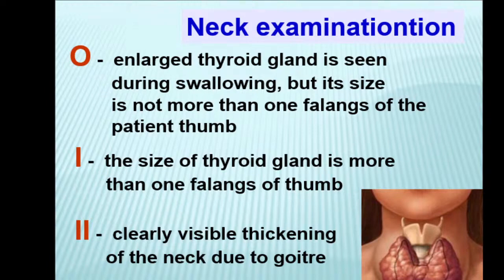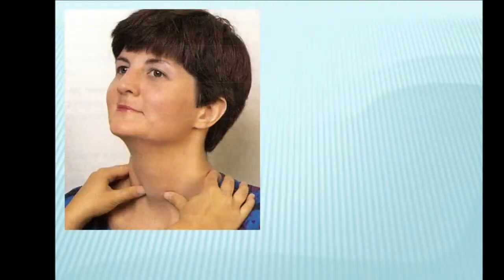The thyroid gland, depending on its size, is divided into three degrees. Zero: invisible, may be palpable, but its size does not exceed one phalanx of the thumb of the patient. First degree: slightly visible and exceeds one phalanx. Second degree: easily visible.